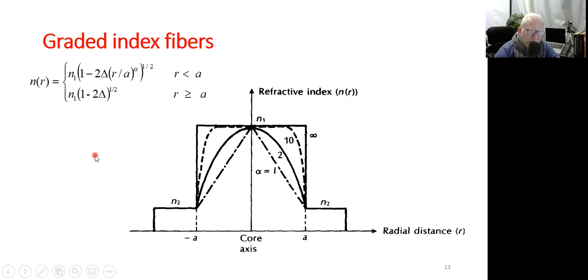And then we transferred to the graded index optical fiber, where the refractive index of the core material is a function of position, or a function of radius. As you can see, this function can have different orders, starting from a linear function where alpha equals 1 to infinity to reach the step index case.